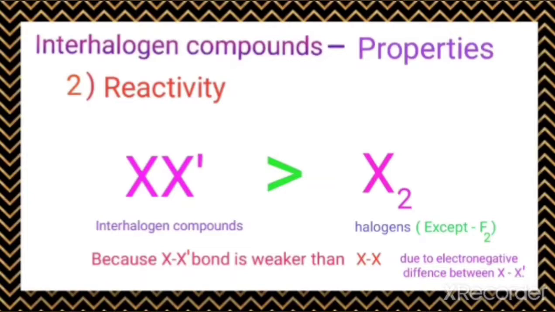So interhalogen compounds are more reactive than the halogens except fluorine, because fluorine is the most reactive element. In the case of a halogen, the two atoms are the same halogen, so there is no electronegativity difference. But the XX dash bond is polar and because of that it is more reactive.